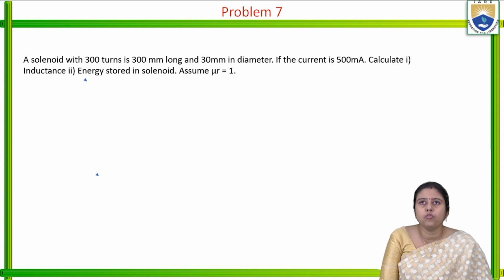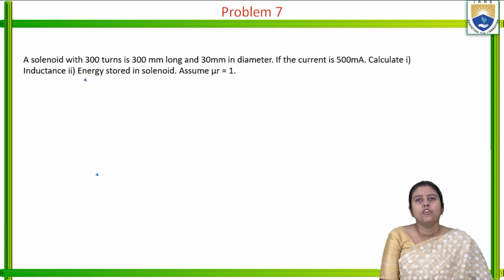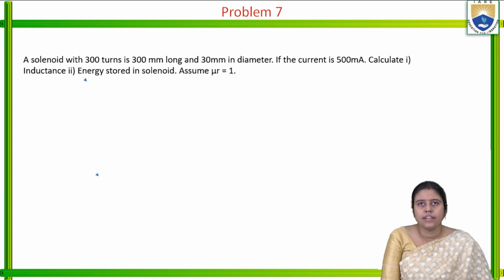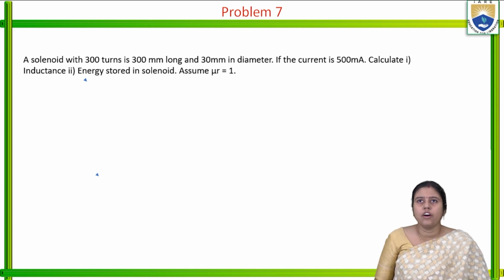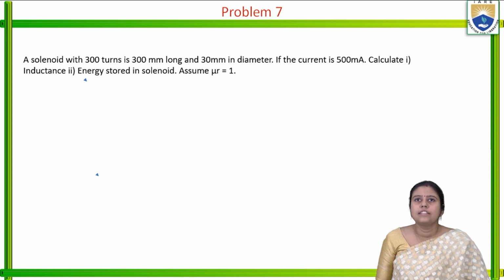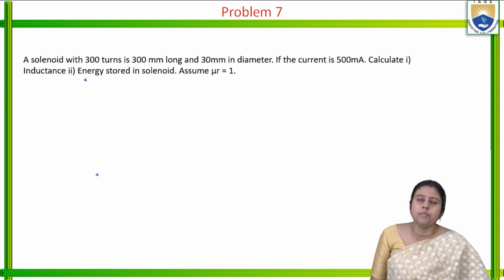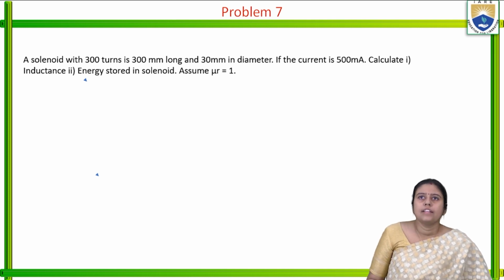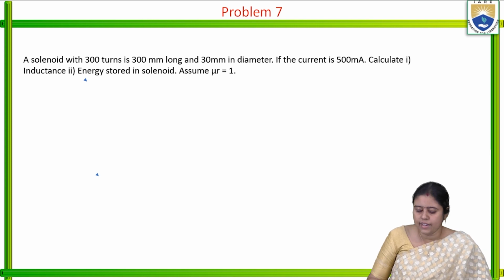Assume that mu r equals 1. So we have a case study of a solenoid. The solenoid has 300 turns, is 300 millimeter long and the diameter is 30 mm.